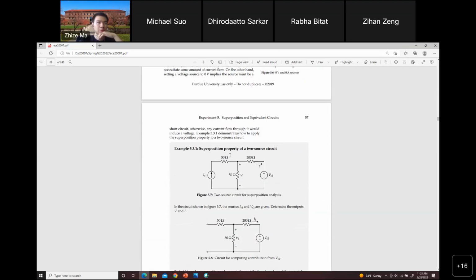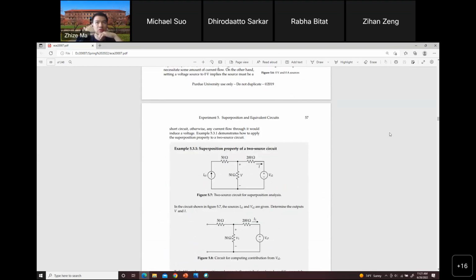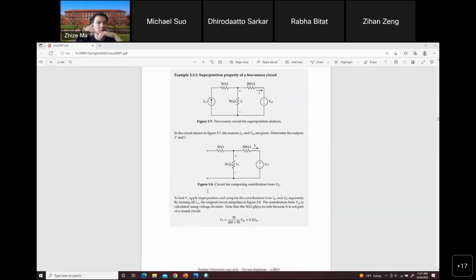When you do superposition, it means you have multiple voltage sources or current sources. If you have a voltage source, you treat it as a short circuit when you do the analysis. When you have a current source, you treat it as an open circuit.